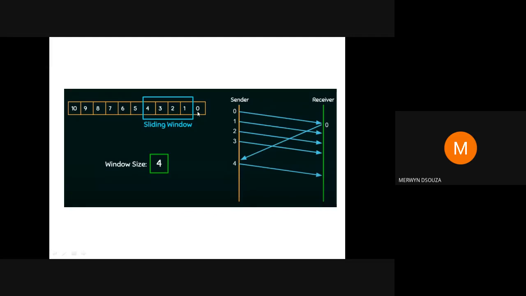Originally the window was on the packets 0, 1, 2, 3. This window indicates the packets for which the sender is waiting for acknowledgements. As the acknowledgements are received, the window slides and highlights the packets for which the acknowledgements have not yet been received.